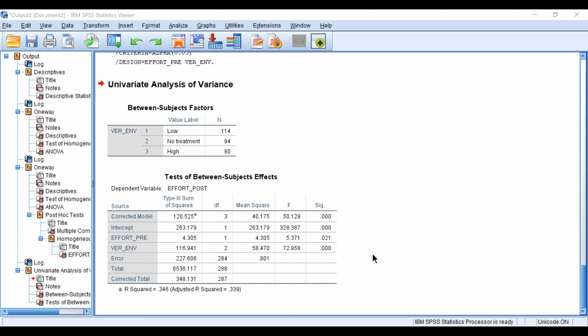The omnibus test was rejected, F so-and-so and so-and-so, and the hypothesis that there were no differences among groups was not upheld.